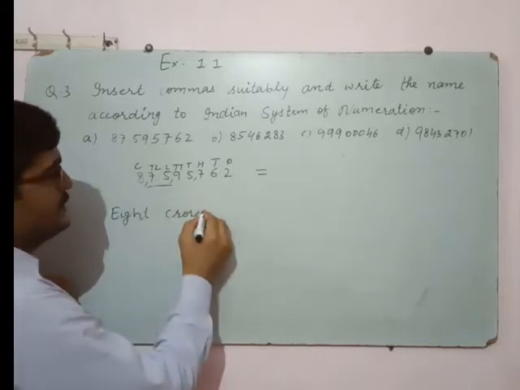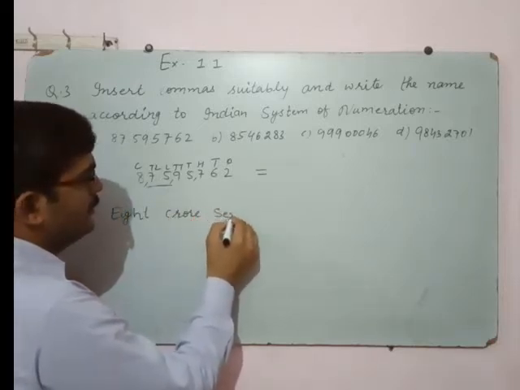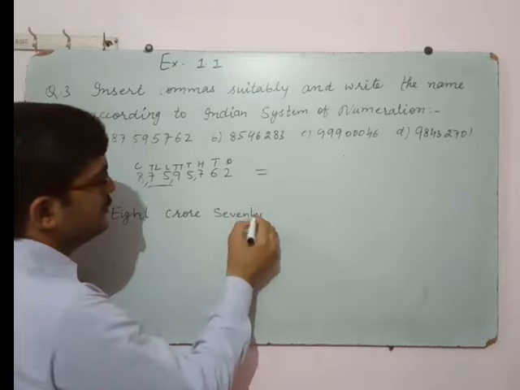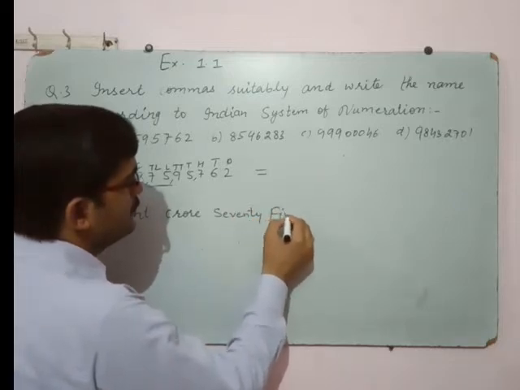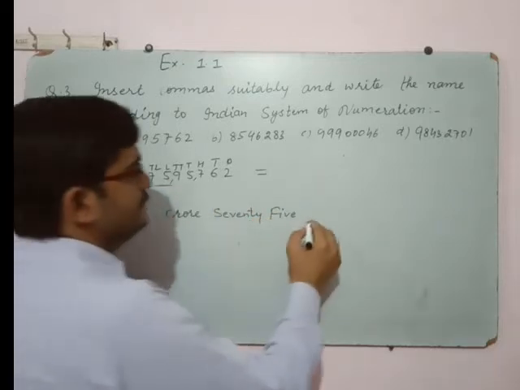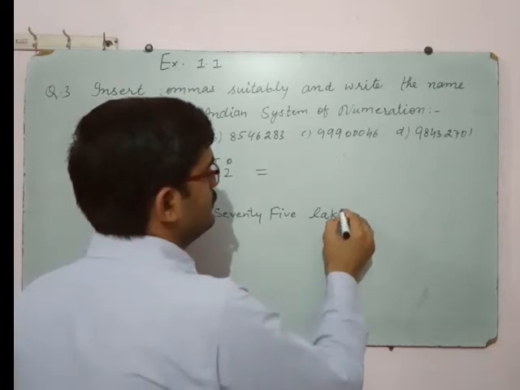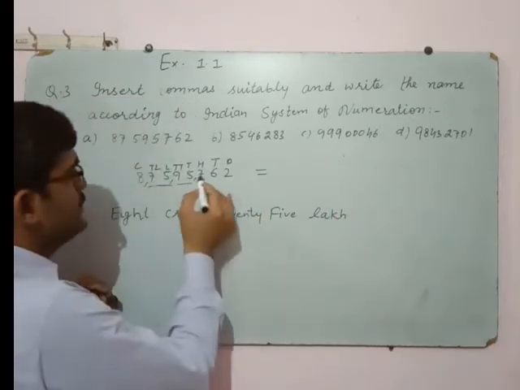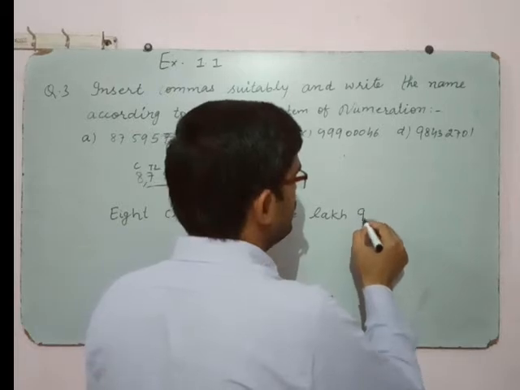Two places, 75 lakh. Next two places, 95,000.